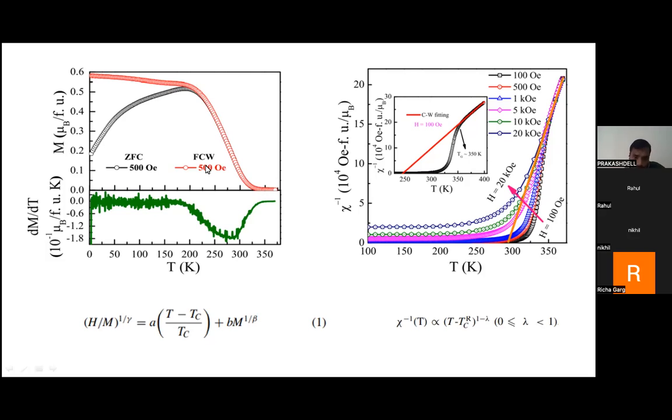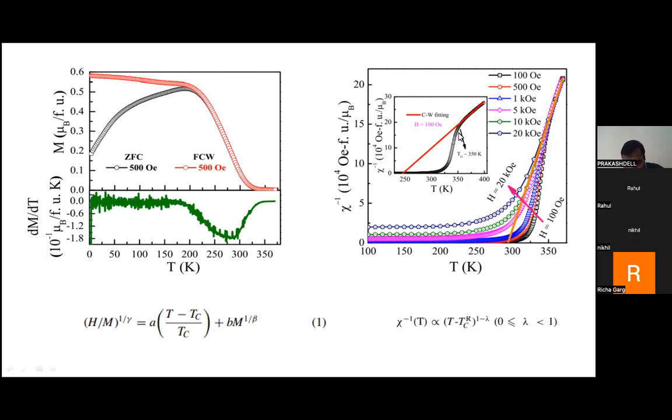I told you that at every point I would tell you how we can unambiguously detect the existence of that Griffith patch, where some rare region exists in the background of a paramagnetic system. Now we have observed it at 500 oersted. Let us observe it at 100 oersted and plot it as chi inverse as a function of T, the inverse magnetic susceptibility as a function of temperature.